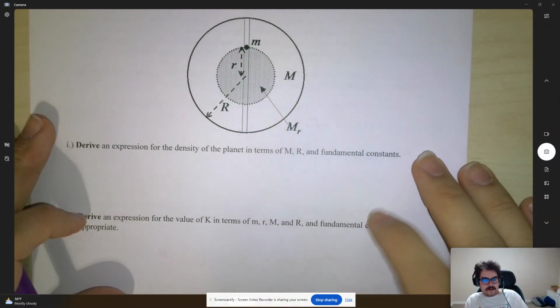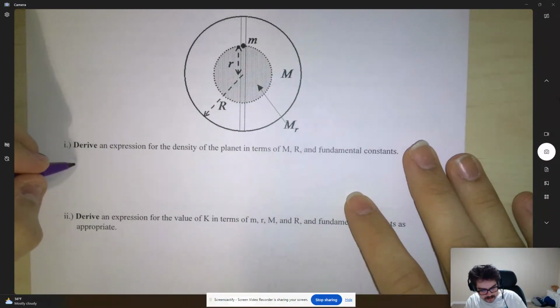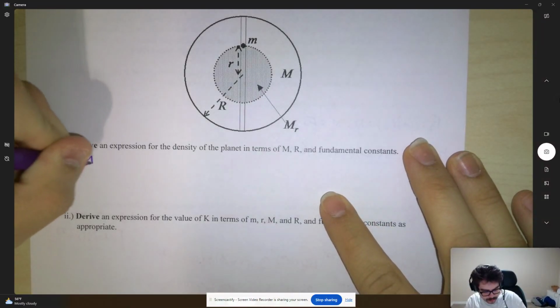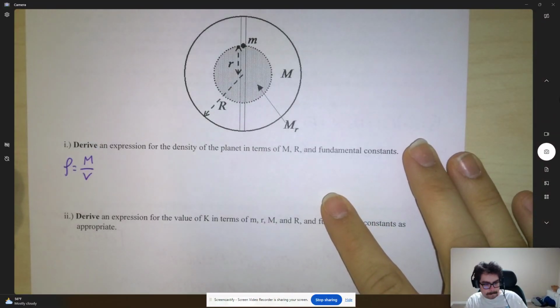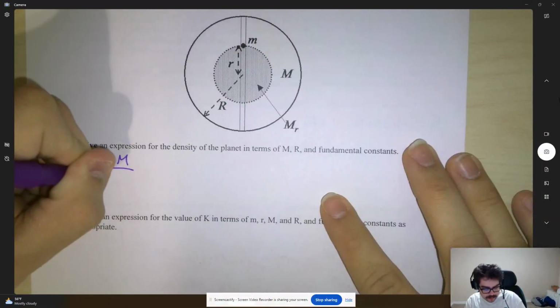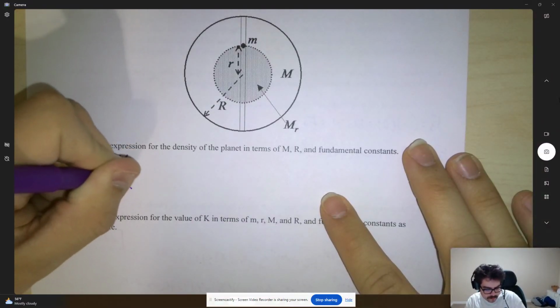Okay, the density of the planet should be, density is mass over volume. So the mass of the planet is just capital M. The volume of the planet is 4/3 pi r cubed, if I'm not mistaken.